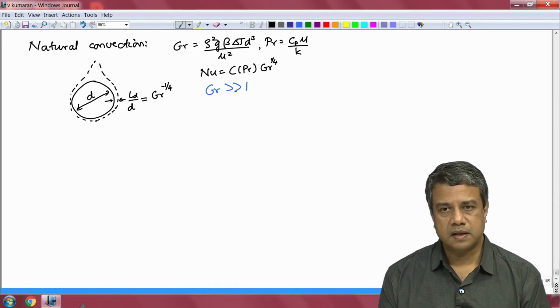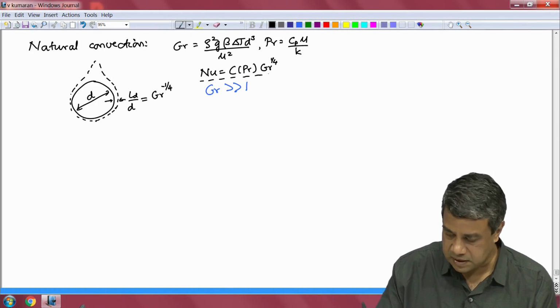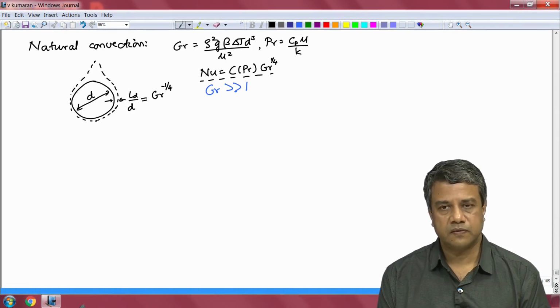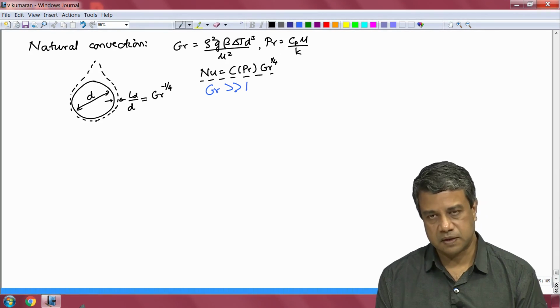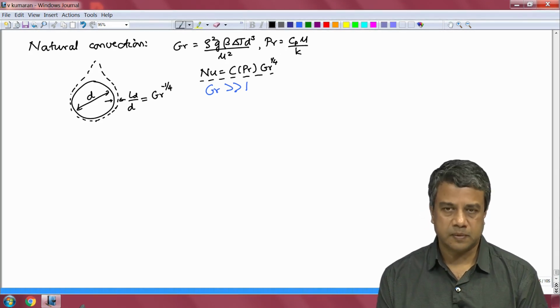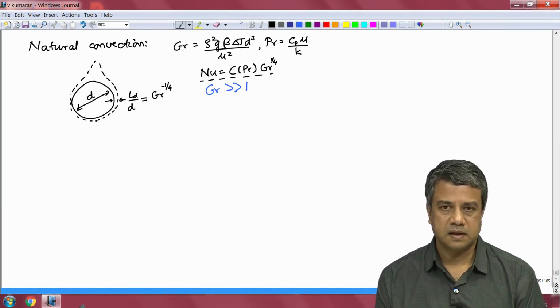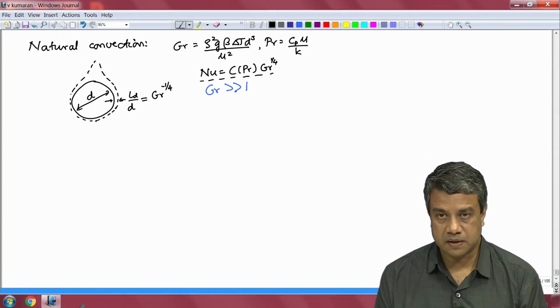So, you can apply the correlations of this kind that are derived for steady state configurations, provided the characteristic time for the formation of this boundary layer is much smaller than the time for evolution of the temperature at the surface, or when the characteristic length of the object is much larger than the thickness of this boundary layer, which will always be satisfied, because in the limit of high Grashof number this characteristic thickness is actually very small compared to 1.